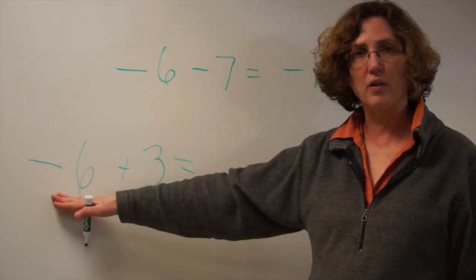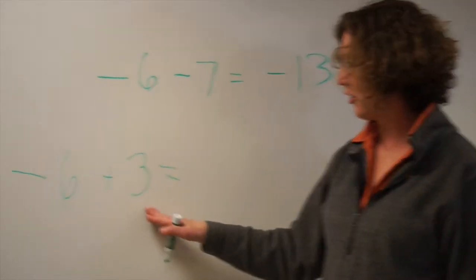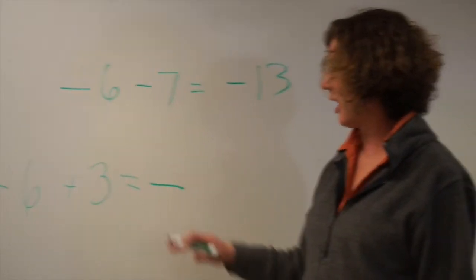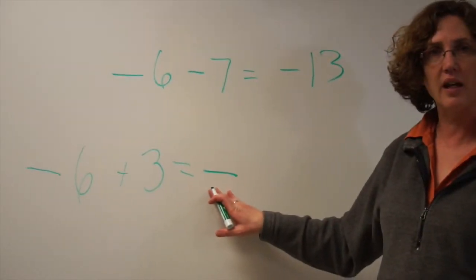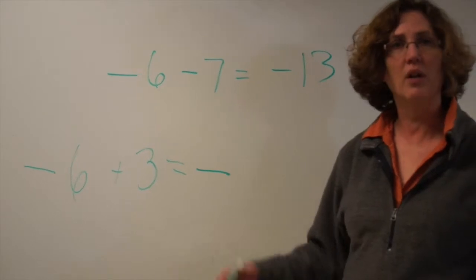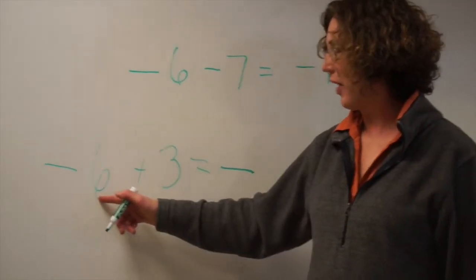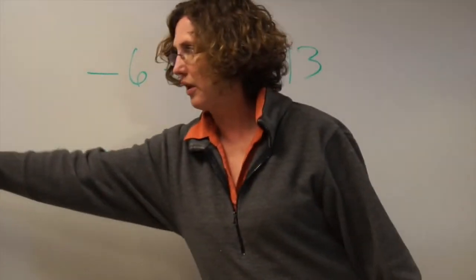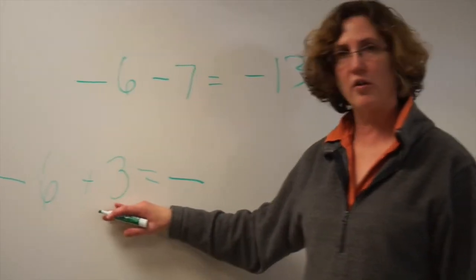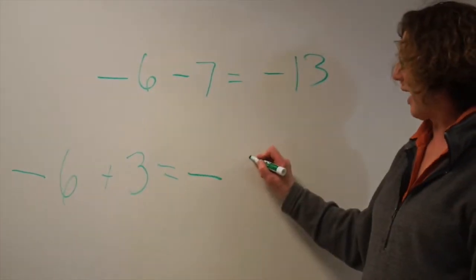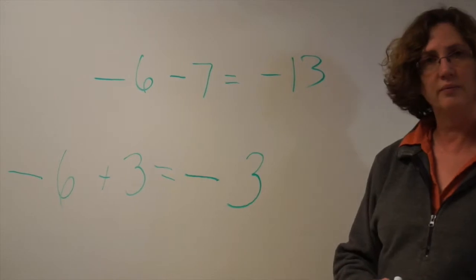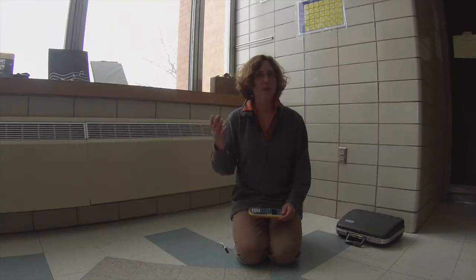Is the negative number larger? Yes, it's larger than 3. So you know that the sign you're going to have is negative. And then it becomes a simple subtraction problem. If you have minus 6, thinking of the thermometer, and it gets 3 degrees warmer, you're going to be at a negative 3.